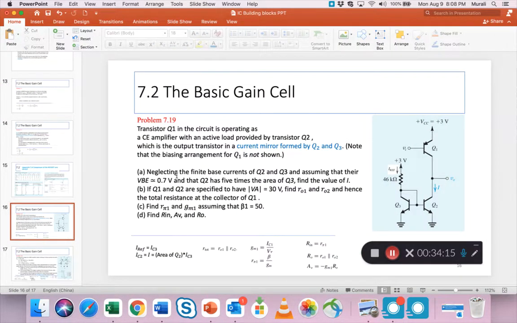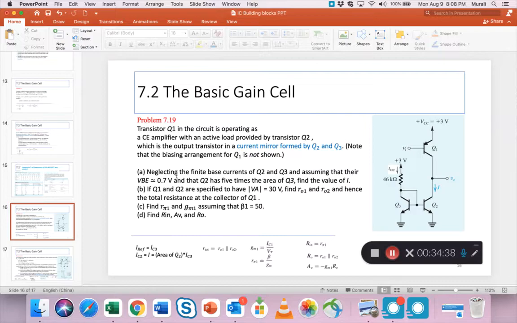7.19. Okay, so this is like a current mirror, but with BJTs, and the current mirror is formed by NPN transistors, while the amplifying transistor is a PNP transistor, right?